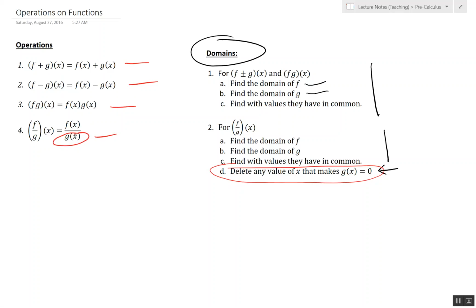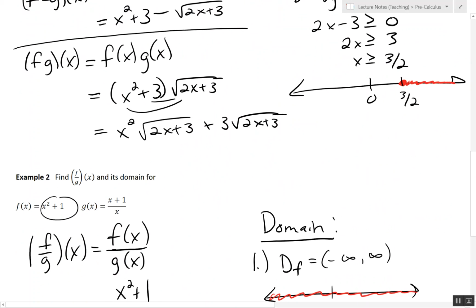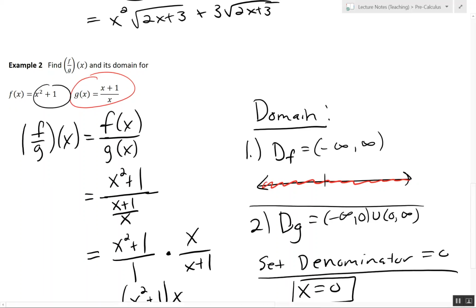So we need to figure out what values of x make g of x 0. So let's look at our g of x again and remind ourselves what it is. And g of x here, in this case, is x plus 1 over x. So we need to figure out what makes this undefined. So what makes g of x equal to 0?